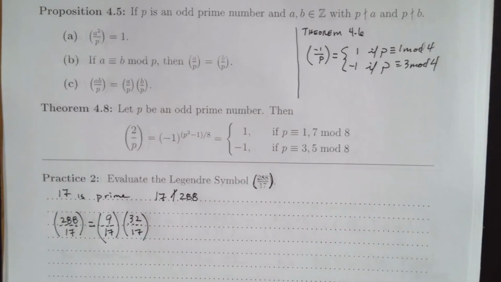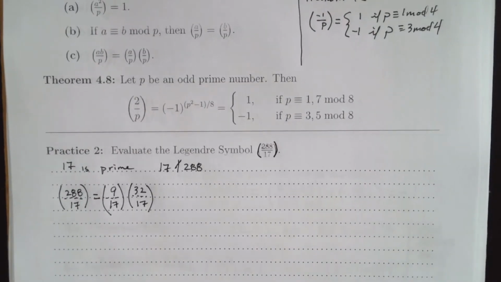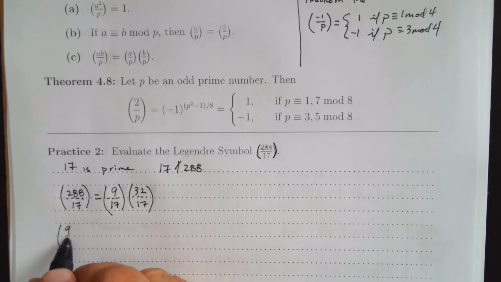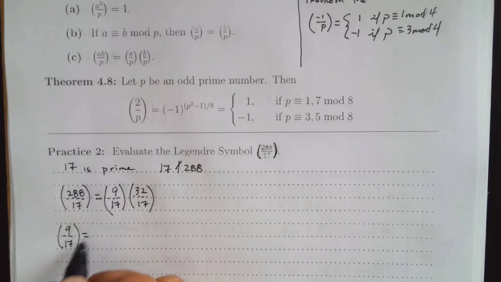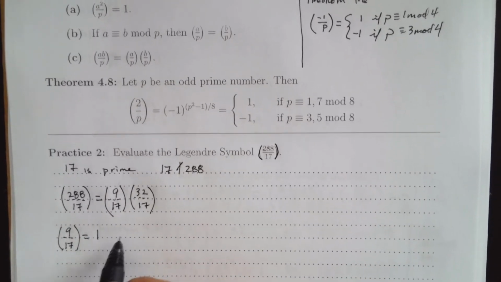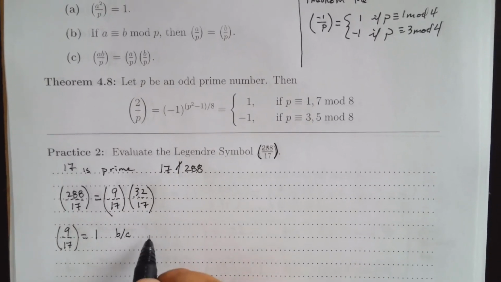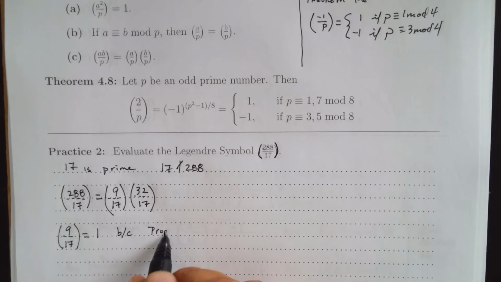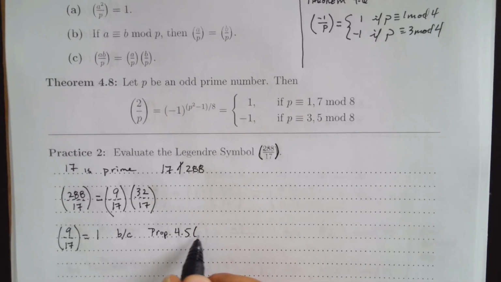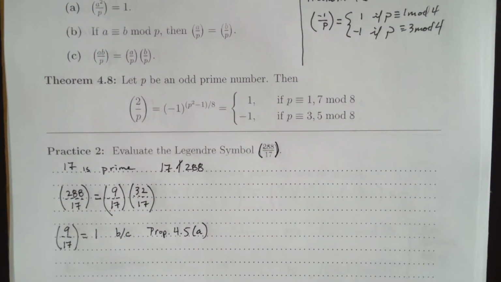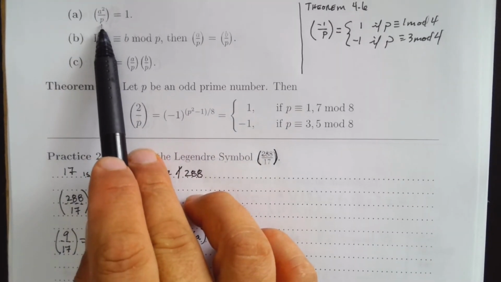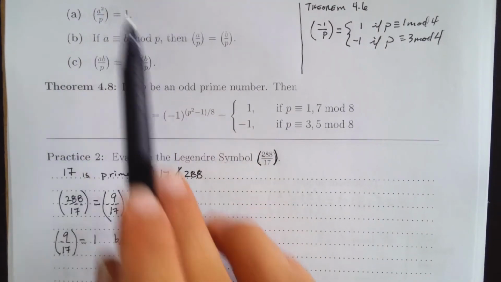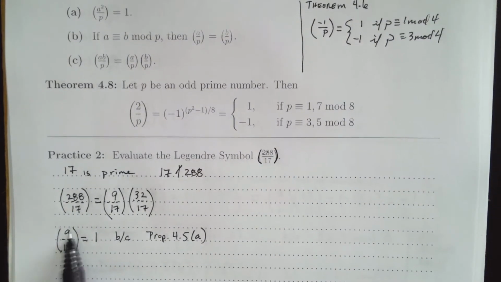Now, of course, we know that the Legendre symbol of 9 modulo 17 is equal to 1 because of proposition 4.5a, which says that if I have something squared over p, then the Legendre symbol will equal 1. 9 is 3 squared.